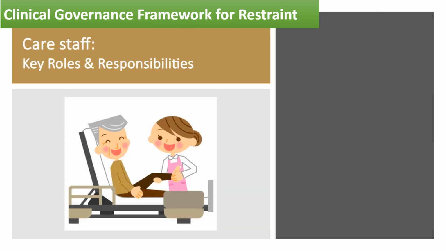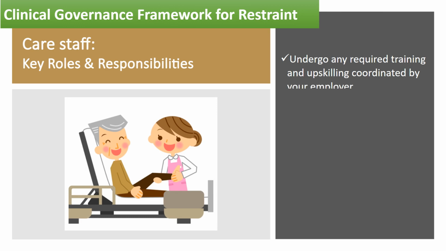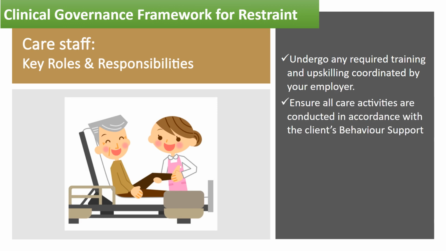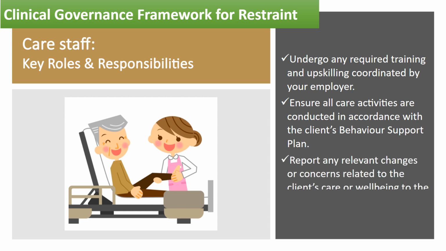In terms of care staff, everyone's got a responsibility to undergo any required training, ensuring that all care activities comply with the behavior support plan, and reporting any relevant changes or concerns to the nurse or supervisor.